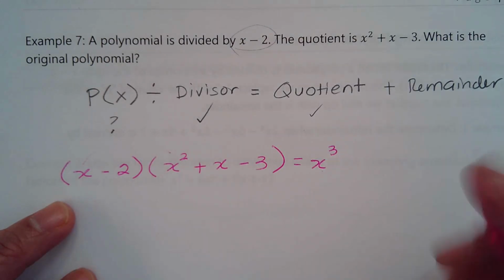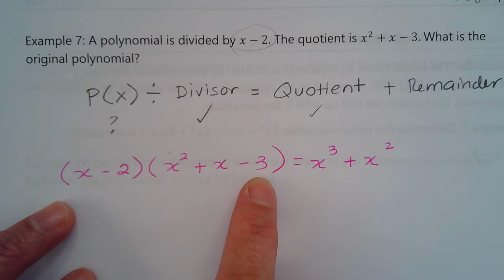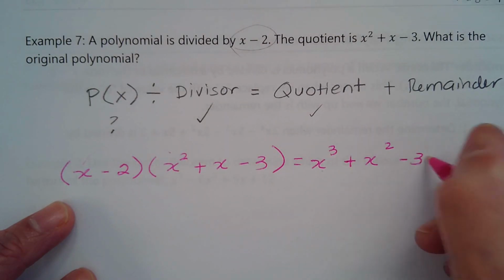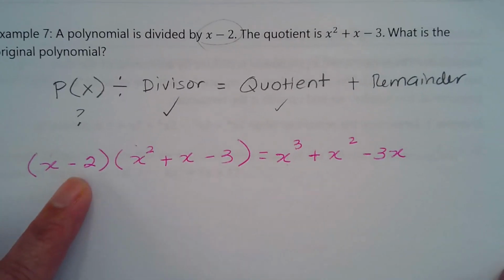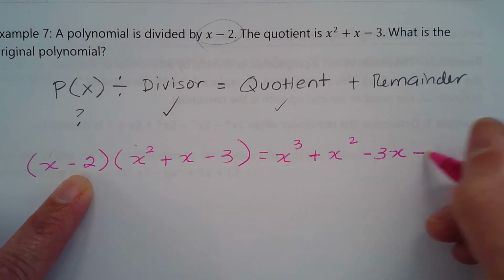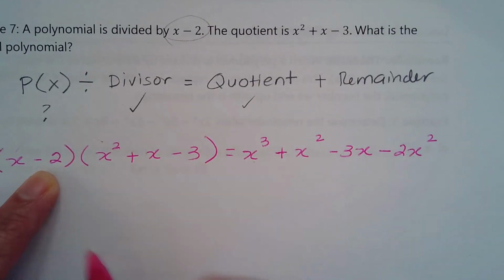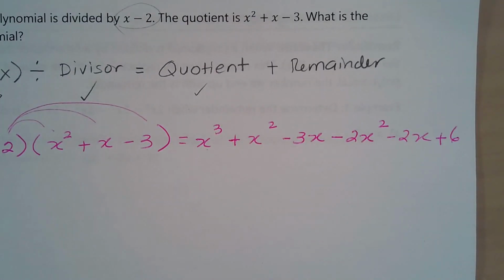X times negative 3 is negative 3x. Then I'm going to go to the 2. Negative 2 times x squared is negative 2x squared. Then minus 2x times negative 3, plus 6. Okay, and then we're going to clean it up a bit by combining like terms.